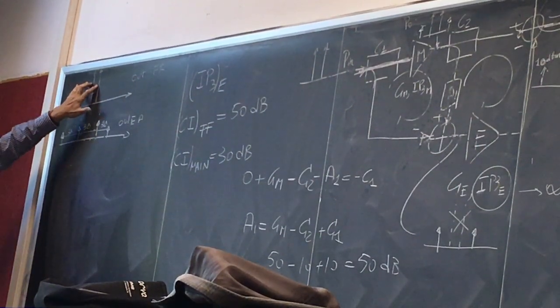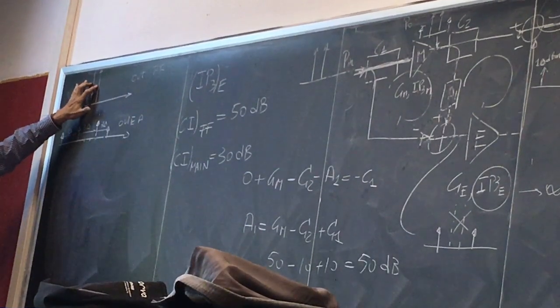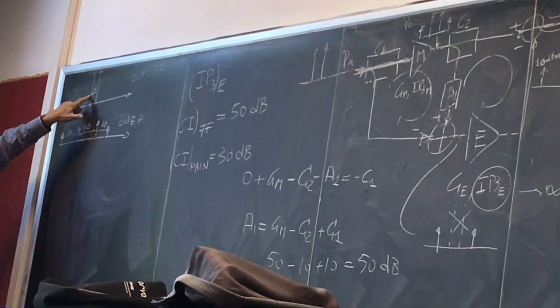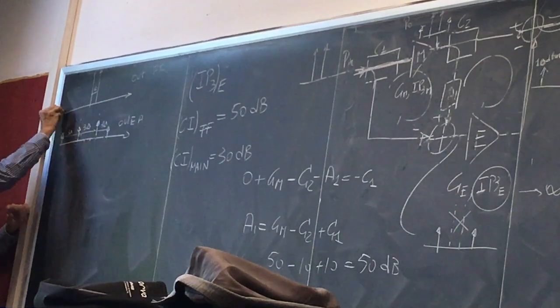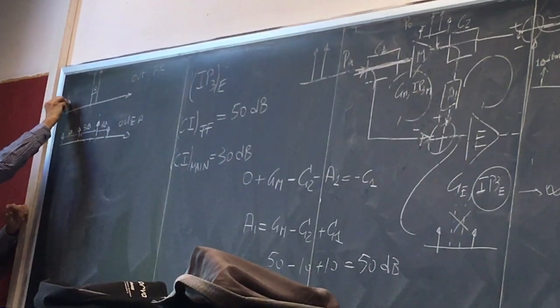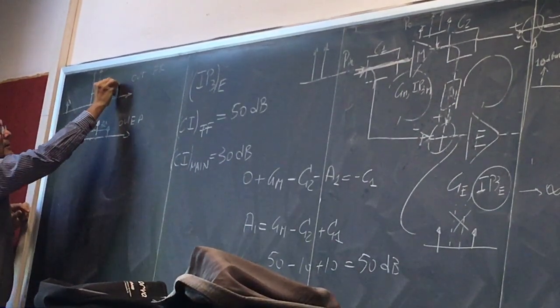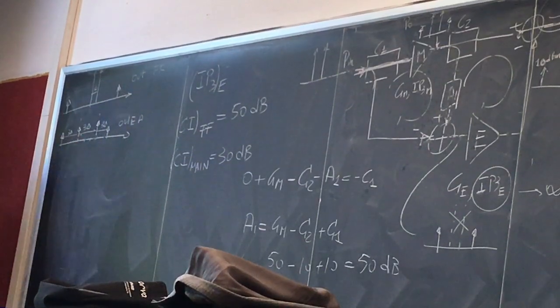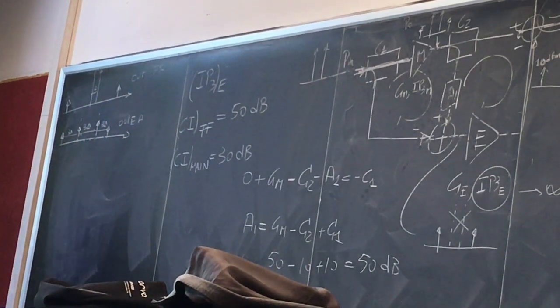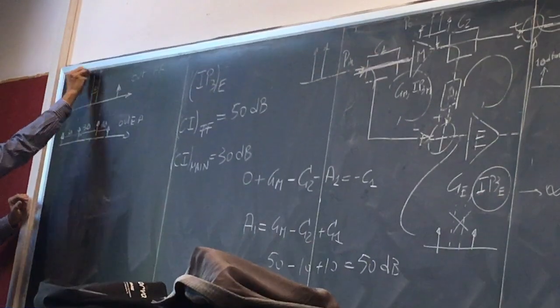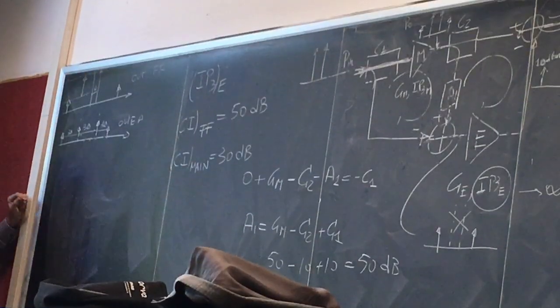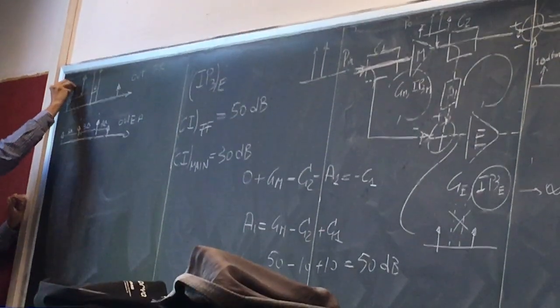The 2 main lines will remain, they are amplified at the output. The distortion of the main amplifier is removed, but here and here will remain the distortion produced by the error amplifier. And what we want to get is that this ratio must be 50 dB.